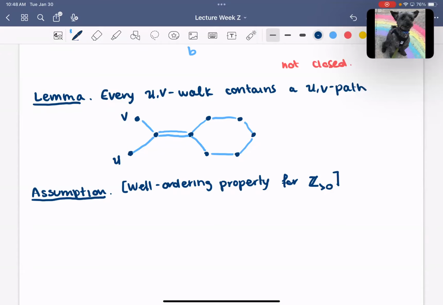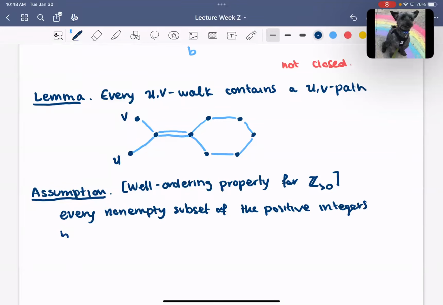So we're going to assume that every non-empty subset of the positive integers has a least element.